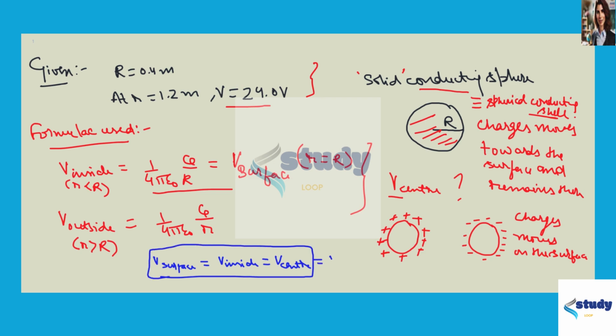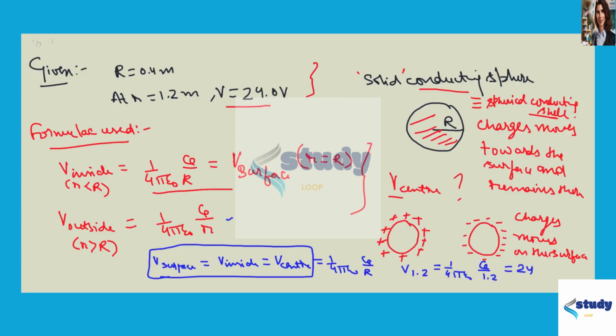And this is equals to 1 by 4 pi epsilon naught Q over R, and V at r equals to 1.2 meter is equal to this formula 1 by 4 pi epsilon naught Q over 1.2 meter, which is equals to 24 volt. You can use this equation to find out the Q, but we can solve this V center or the potential at the center by using the ratio method. So we will use the ratio method here.